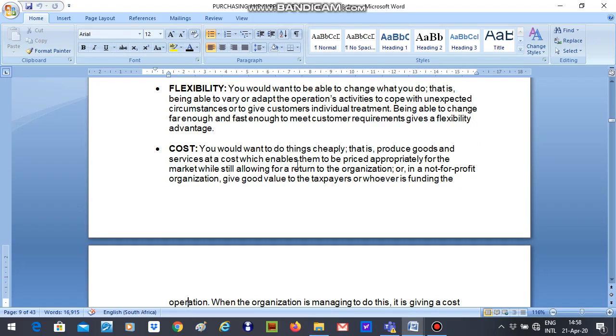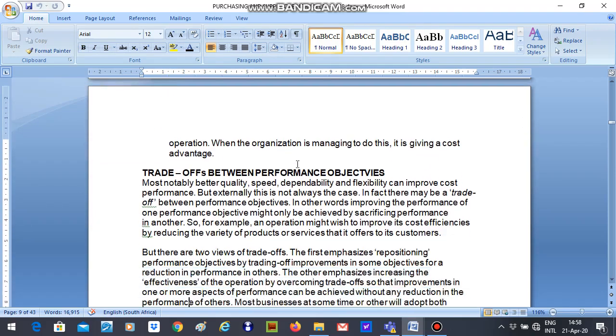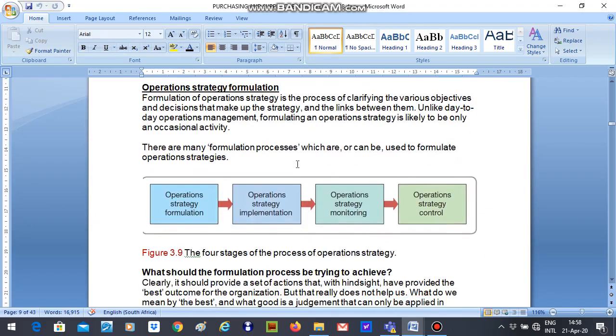And so these are 5 performance objectives that every organization works with, because in as much as customers may judge you using these performance objectives, you may also judge your organization using the same performance objectives. So we may now go down to look at strategies.